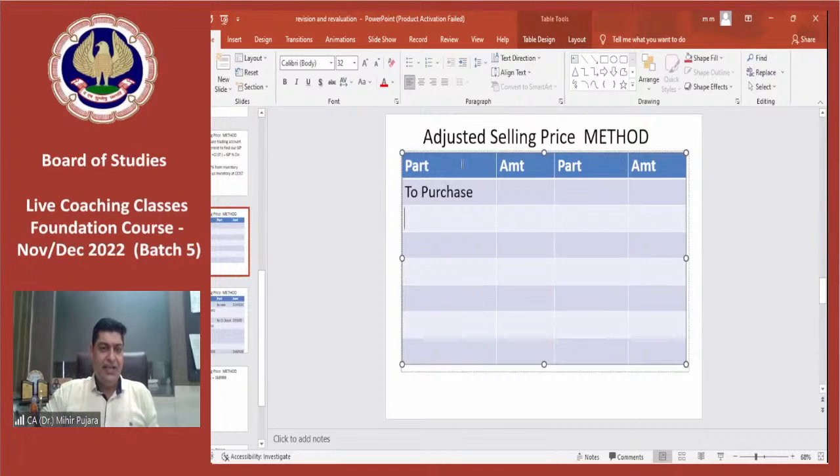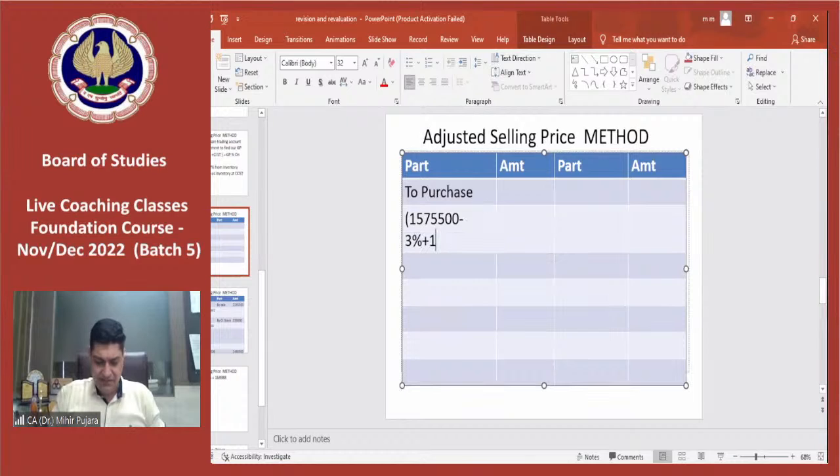Now if you see the question, friend, 1575,500 is my basic purchase, minus 3% discount, plus 1% GST, plus 1% GST.